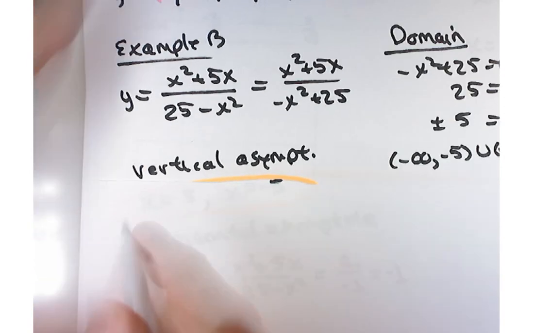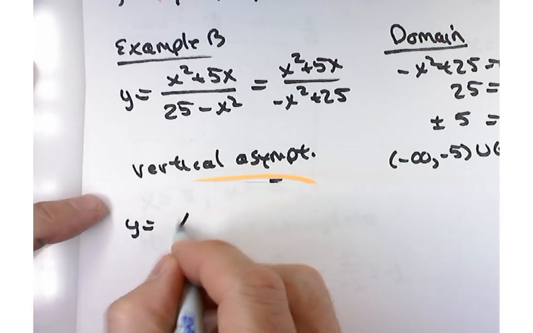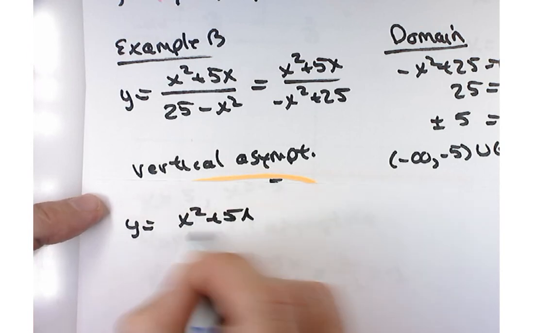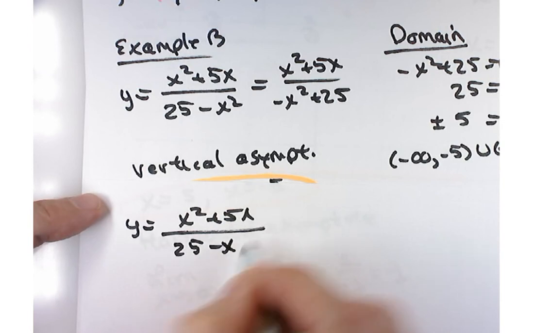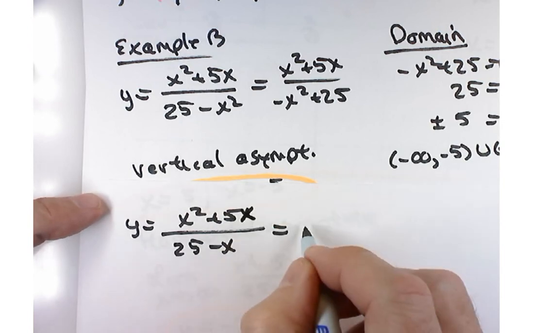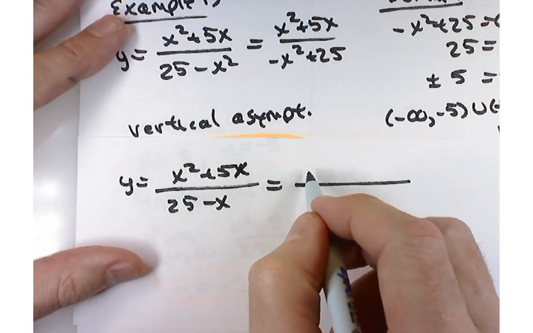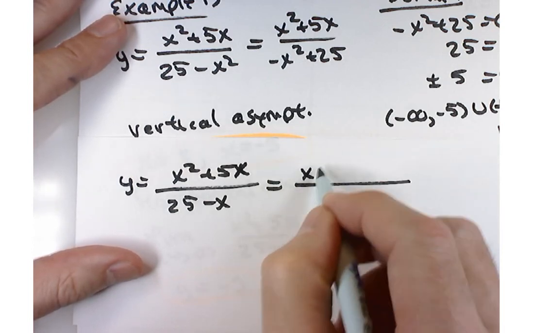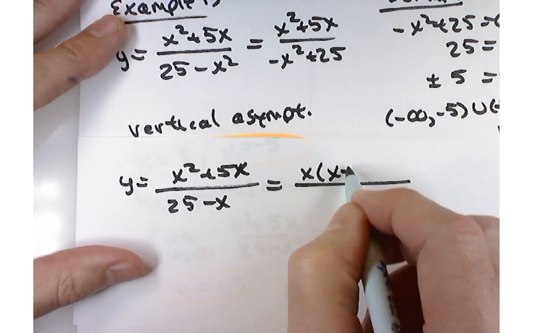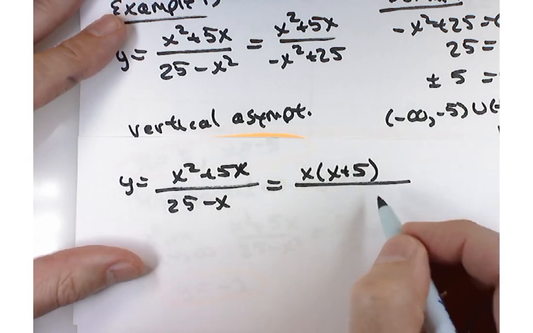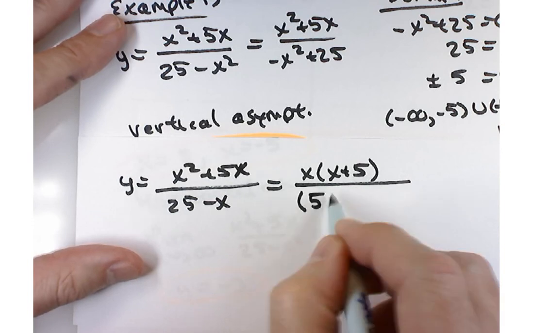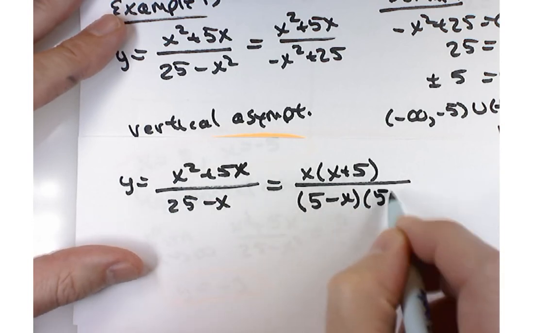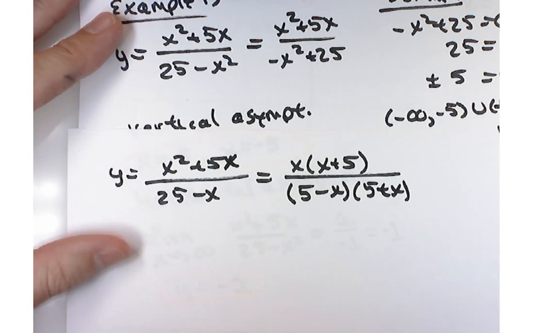Let's look at y equals x squared plus 5x over 25 minus x squared. In the numerator I can factor out an x, giving x times x plus 5. In the denominator I can factor that as 5 minus x times 5 plus x. So there's a hole.